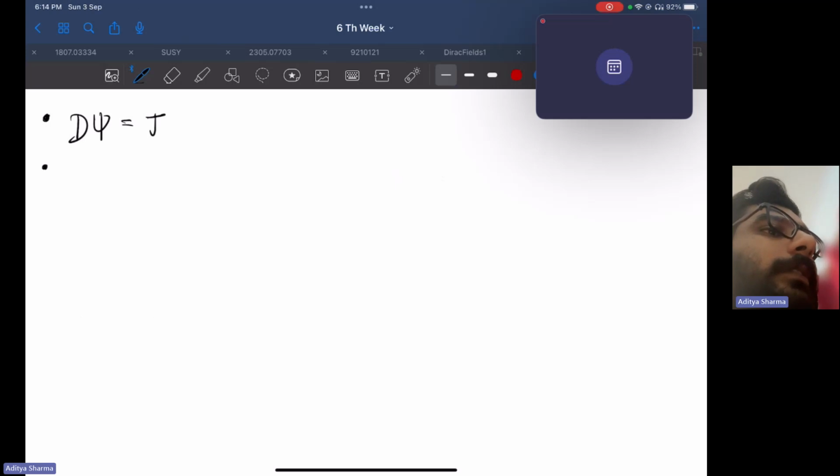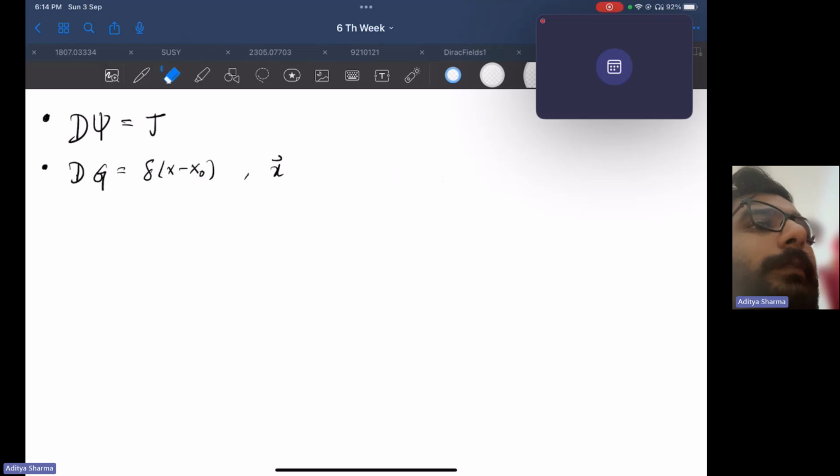Then we write the Green's function is given by the equation that D of G is delta of x minus x naught. And x can be a vector or whatever.